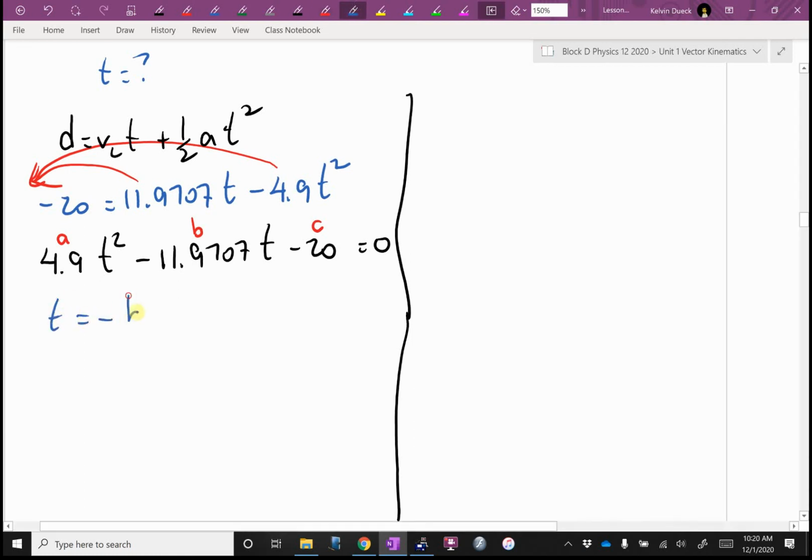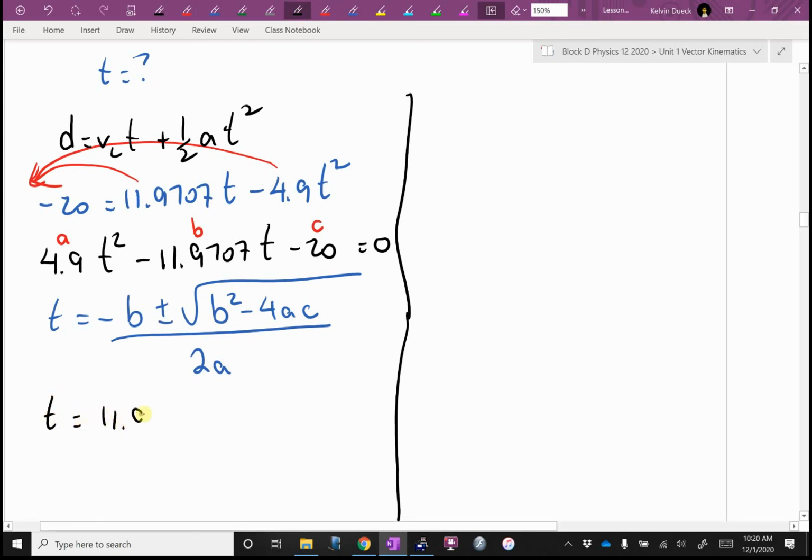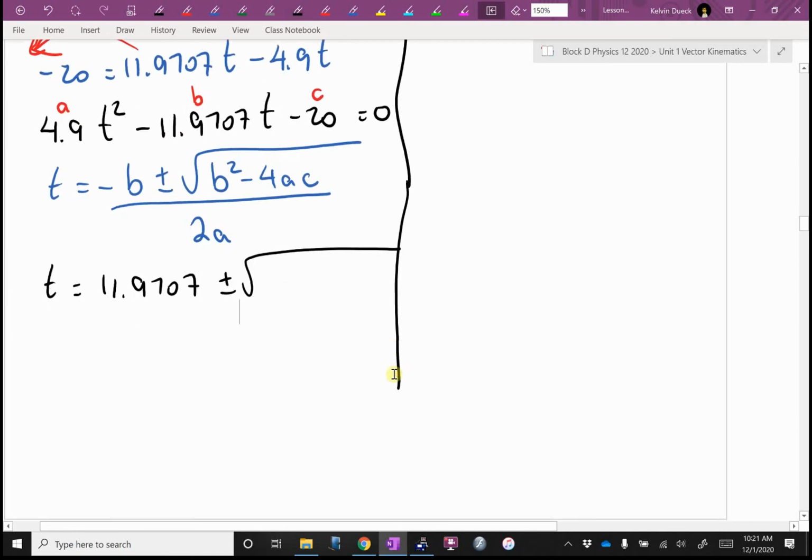T equals -b plus or minus the square root of b squared minus 4ac all over 2a. T is going to be positive 11.9707 plus or minus the square root of negative 11.9707 squared minus 4 times 4.9 times -20.